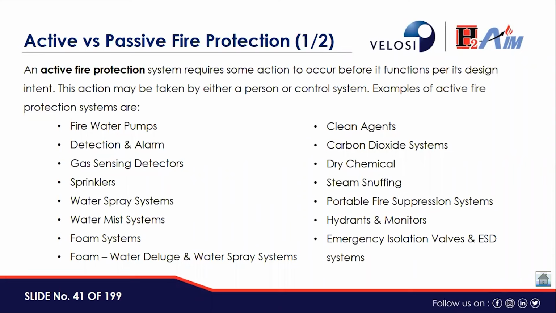Examples of active fire protection systems are fire water pumps, detection and alarm, gas sensing detectors, sprinklers, water spray systems, water mist systems, foam systems, foam water deluge, water suppression systems, clean agents, carbon dioxide systems, dry chemicals, steam snuffing, portable fire suppression systems, hydrants and monitors, emergency isolation valves, and ESD systems. We will discuss these examples of active fire protection in detail in the upcoming slides as well.